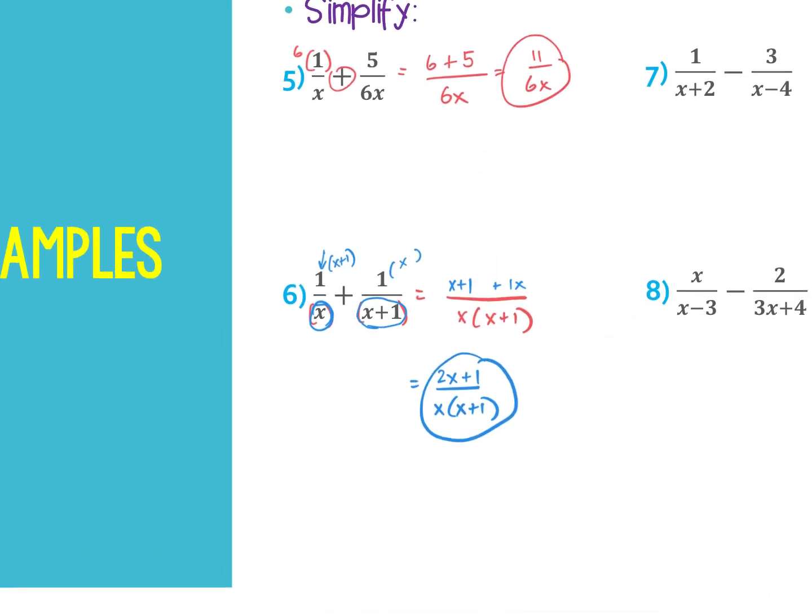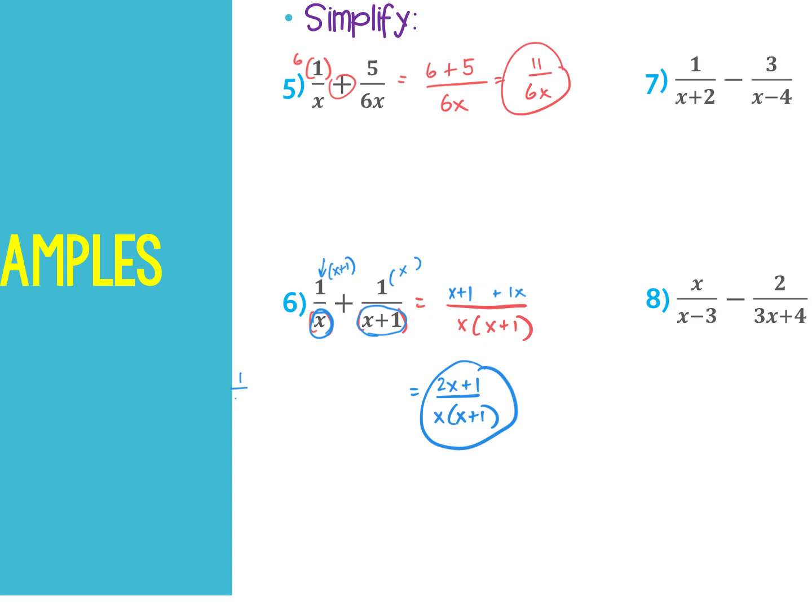In other words, what I saved is what if I had done it this way? I know I want to get this to x times x plus 1. So x times x plus 1 equals that. So 1 times x plus 1 is x plus 1. I do 1 over x plus 1 here. I know that I want to get it to x times x plus 1, so I need to multiply it by x.